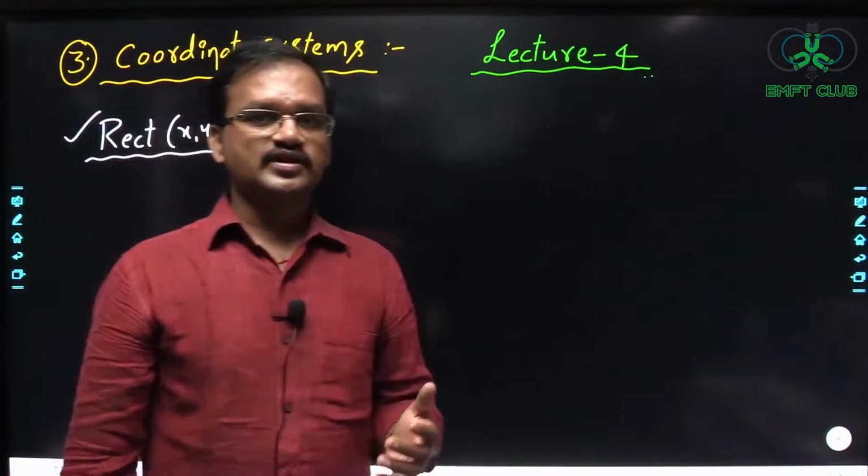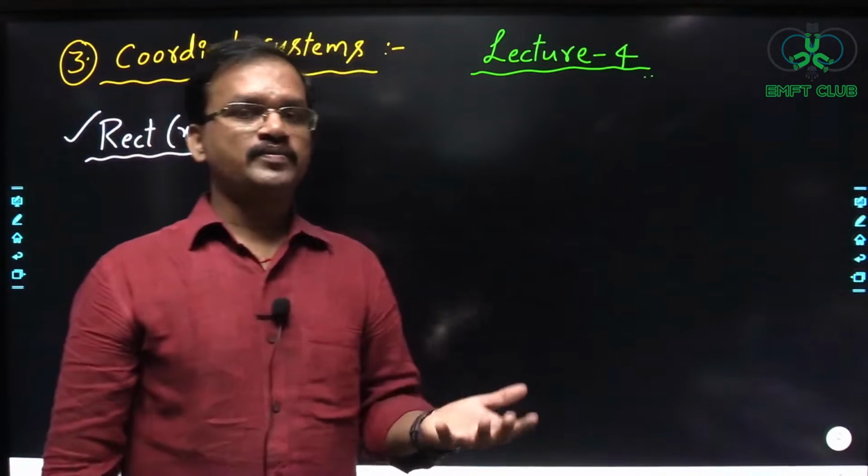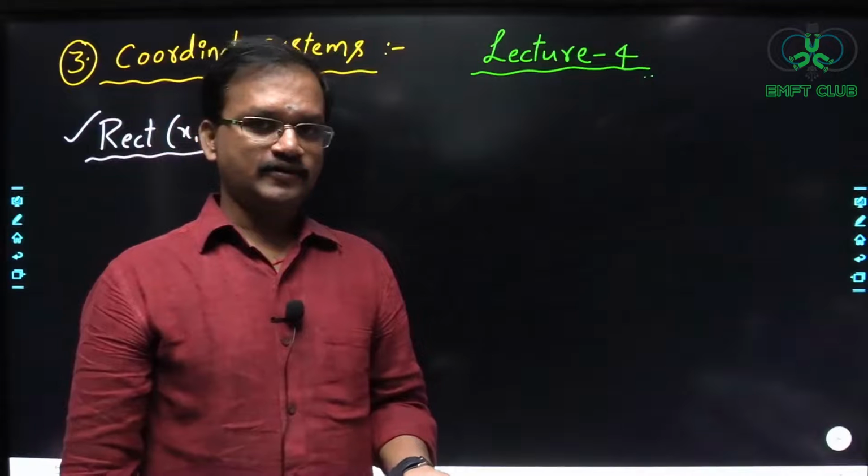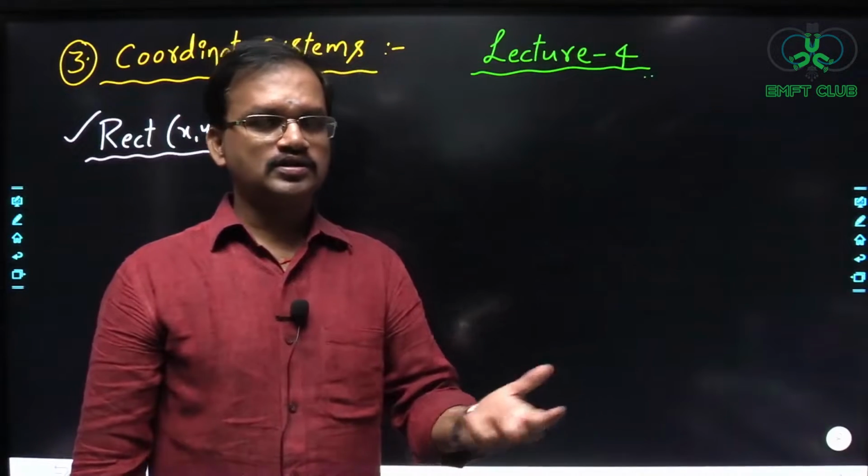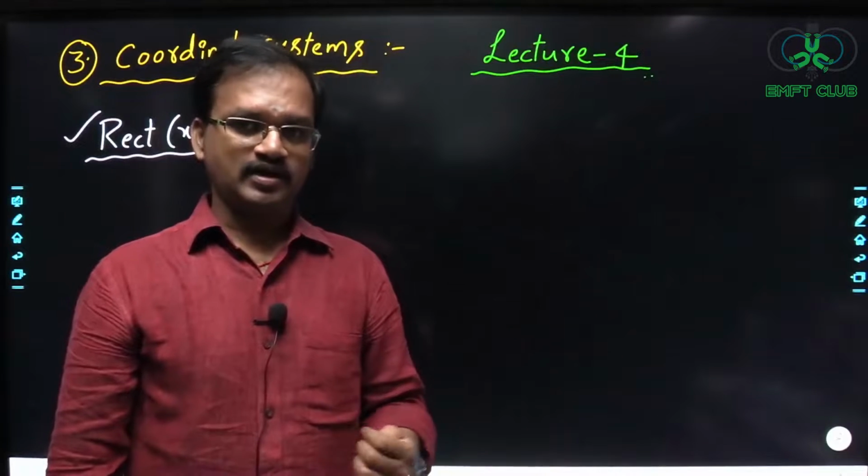So in the previous lecture we have seen what we mean by the position vector, right, and what these direction cosines are. So all these things we have seen in the previous lecture.